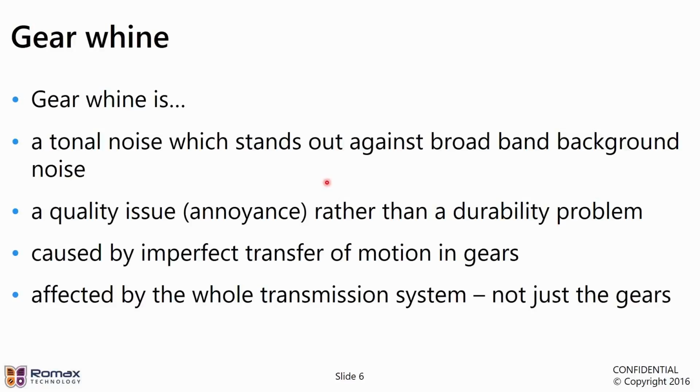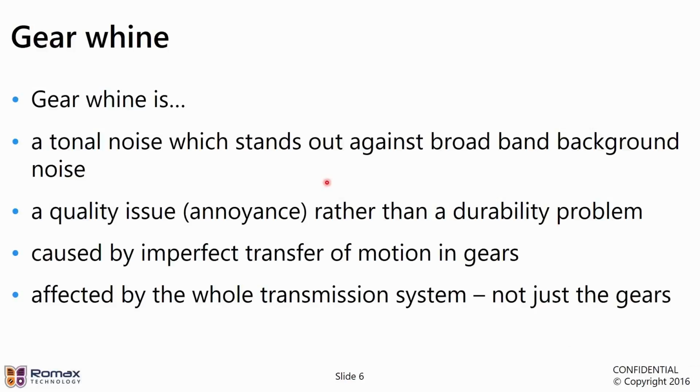It is an annoyance rather than anything more serious. It's a quality issue. Gear whine never really caused anything to fail. I've never heard of anything where that happens. So it's very much a quality issue, but that doesn't make it any less important, because of course that affects the ultimate quality perception of a product. And there may be legislation as well that means you have to have particular noise levels.